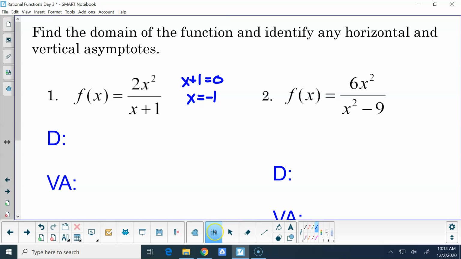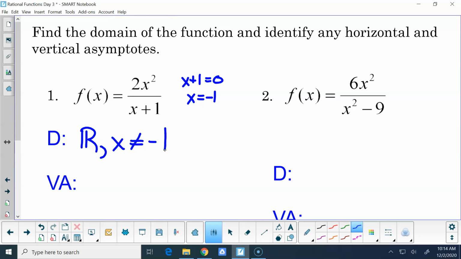So that's going to tell us that our domain is all real numbers, but x cannot equal negative 1. Agree? Yeah. Tells me that my vertical asymptote then is x equals negative 1.